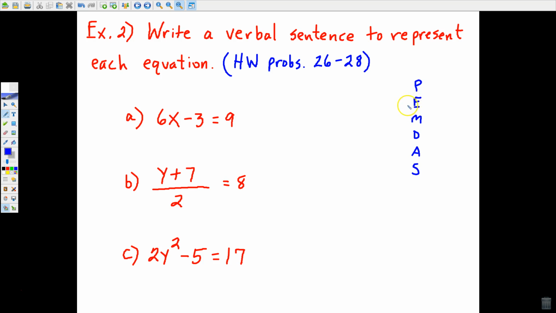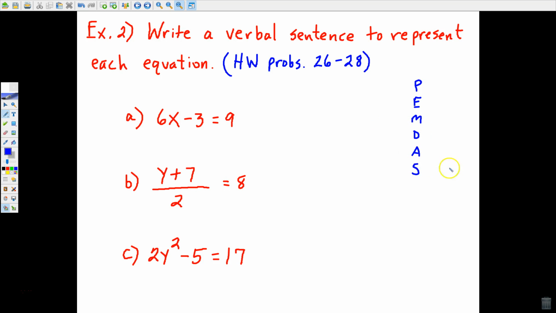If we were asked to simplify something algebraically, we would start by simplifying everything in parentheses first, then exponents. Then we would take care of multiplication and division from left to right, and then last, any addition and subtraction from left to right. Well, that was what we were taught when we are asked to simplify expressions.